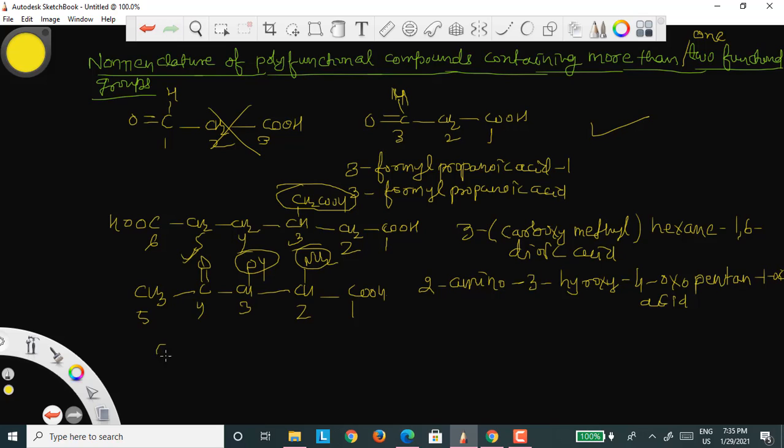Suppose CH triple bond C, then CH2, then CH double bond CH2. So alkene comes first, then alkyne. So you cannot start from here with 1, 2, 3, 4, 5. You have to start from the other end because alkene has more priority than alkyne. 1, 2, 3, 4, 5.